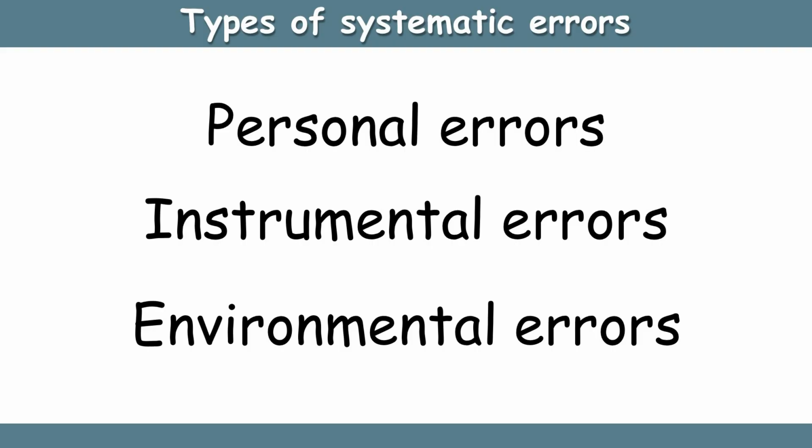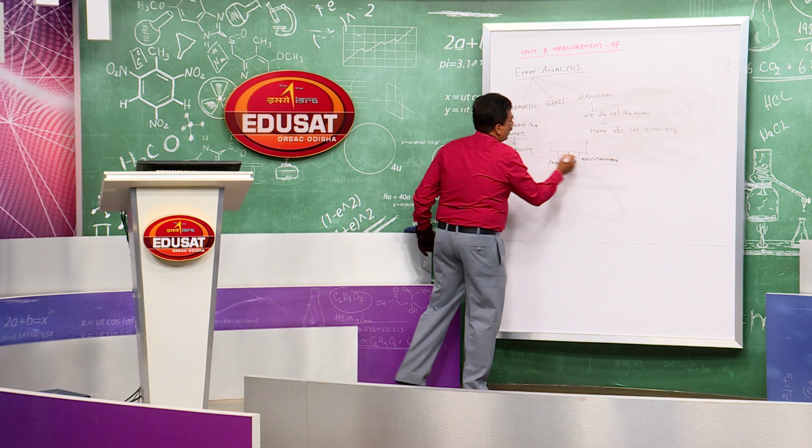Next, the systematic error is of three types. One is the personal error, one is the instrument error, and another is the environmental error.